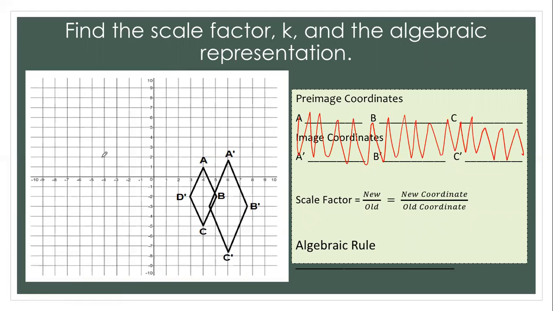A. All right, so we're going to take coordinate A and A prime. Will it be A prime over A, or A over A prime? A prime over A. So new over old, the image over the pre-image.